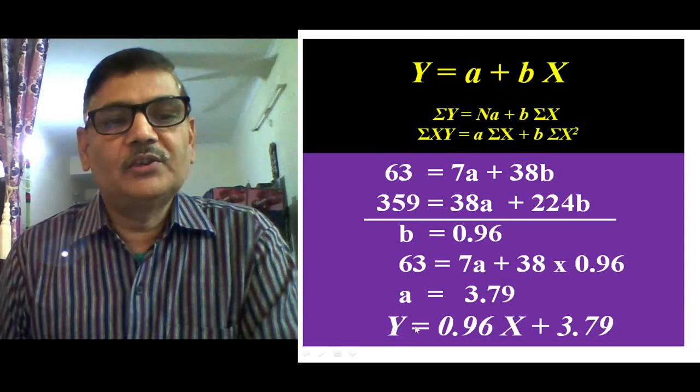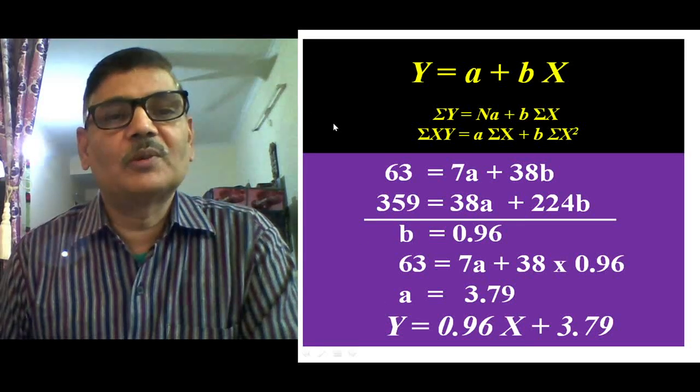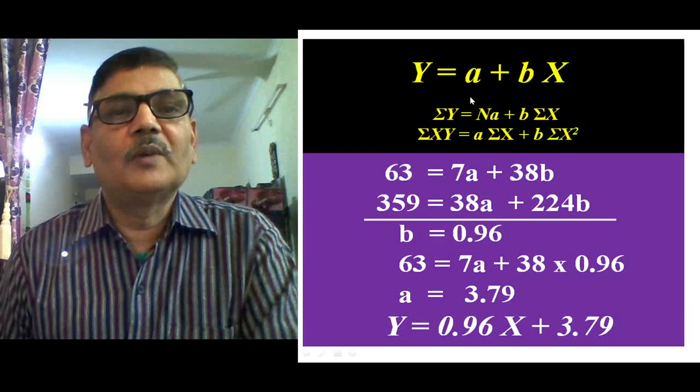So y is equal to 0.96x plus 3.79. In this case, if you put any value of x, you will be able to get the value of y. This is the beauty of these two equations: by putting a particular value of one variable, you will be able to get the value of the other variable.